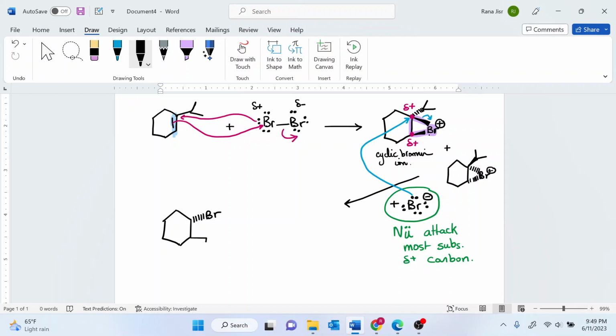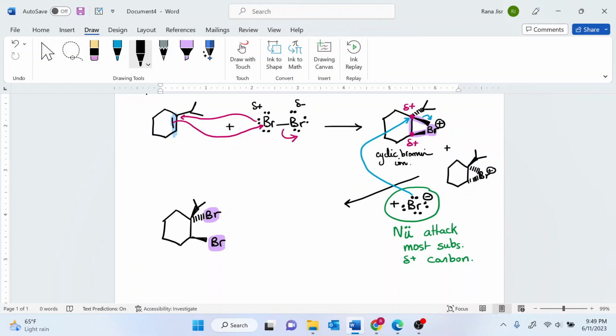So now this bromine is going to be on the front. So see, now my addition is going to be a trans addition, which is the addition of the bromine to the double bond. Now, if this bromine is at the back, this means that this group over here will be pushed to the front. I don't have any other options. So you have to put it in the front in there. Here you go.